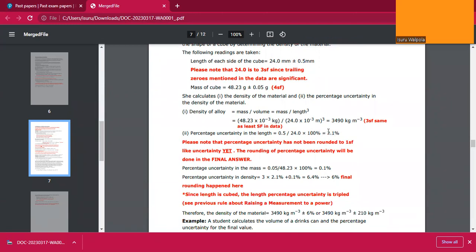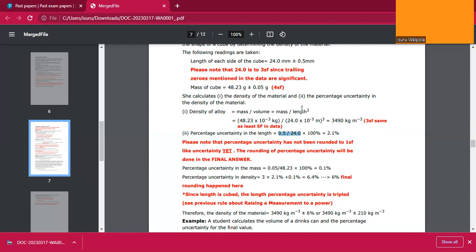Now, you keep this percentage uncertainty to a couple of significant figures because you are going to add them together, and the final answer, you will round. I have added some commentary in red color to what they have done in the official Edexcel guide. So this is 2.1% for the percentage uncertainty of the length.